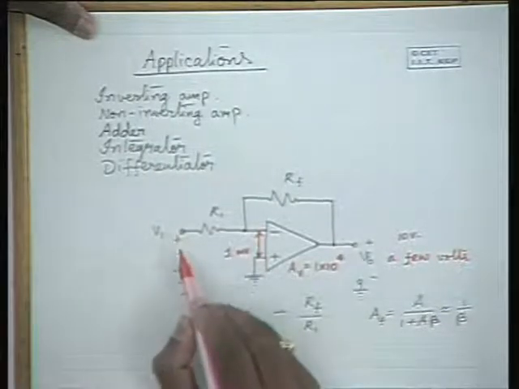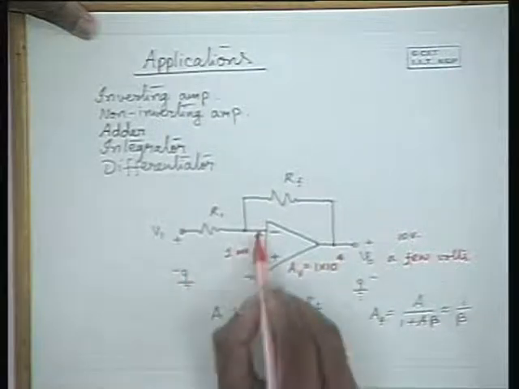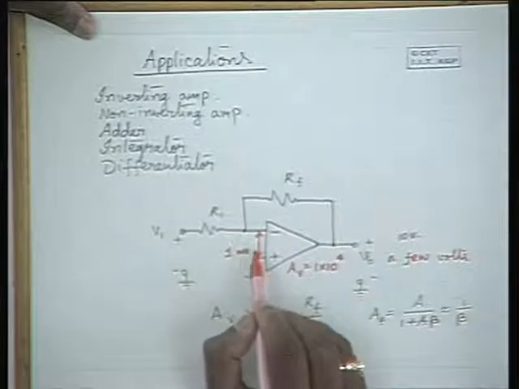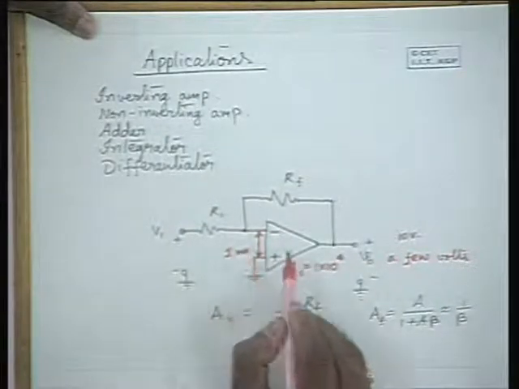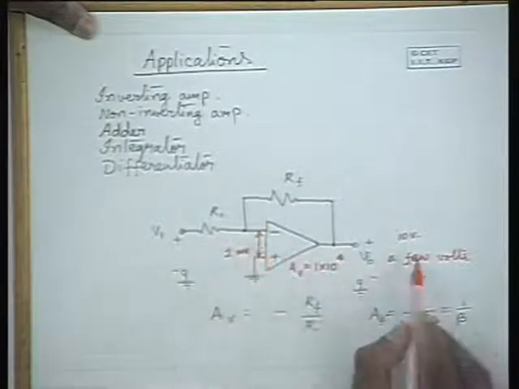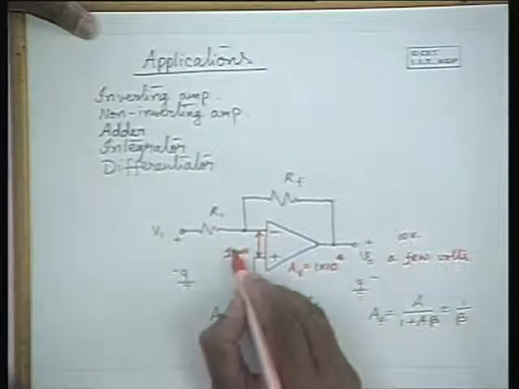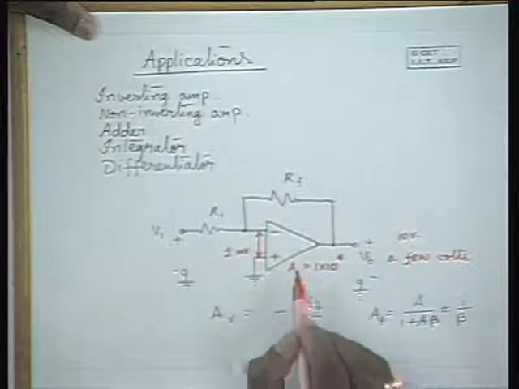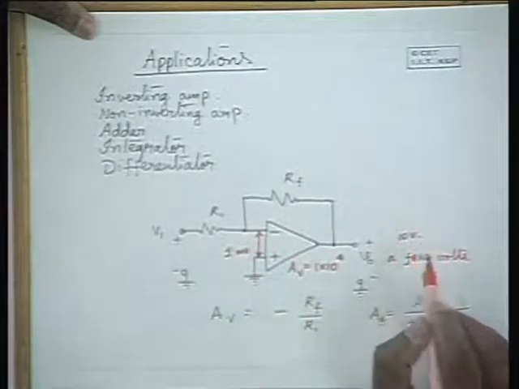The input may be high, a few volts, but at the differential input terminals of the op amp, the voltage is very low, of the order of 1 millivolt. Then only will you have an undistorted output of 10 volts. If this is say 100 millivolts, the output would be, with a gain of 10 to the power of 4, 1000 volts.